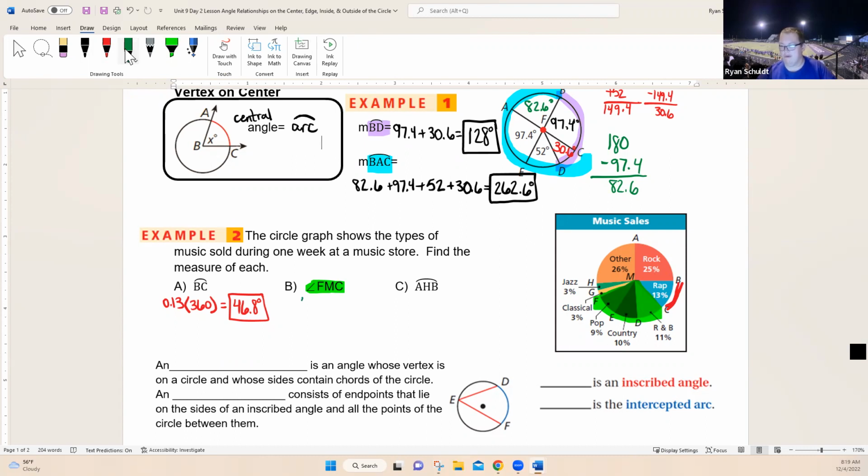So we need to add those together. 9 plus 10 plus 11 is going to get us 30%. So then we do 0.30 times 360, which would get us 108 degrees.